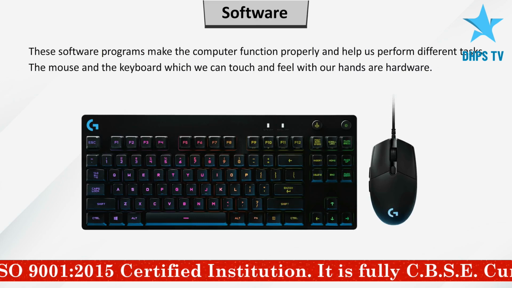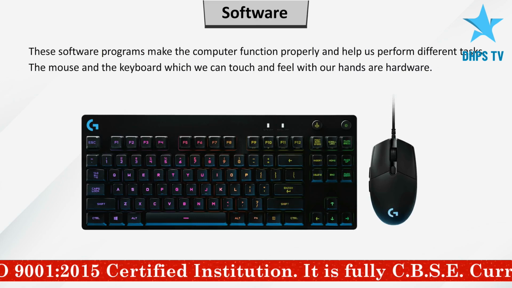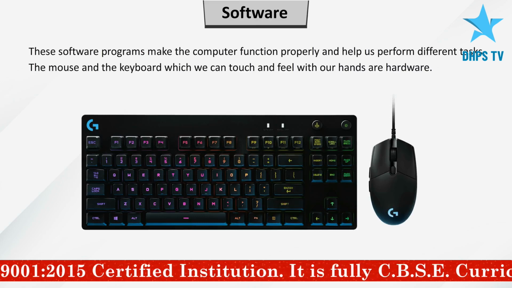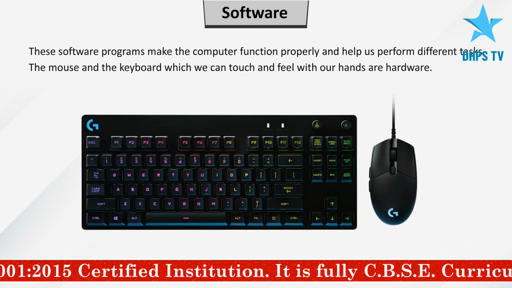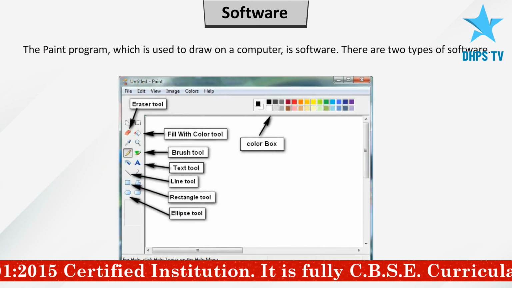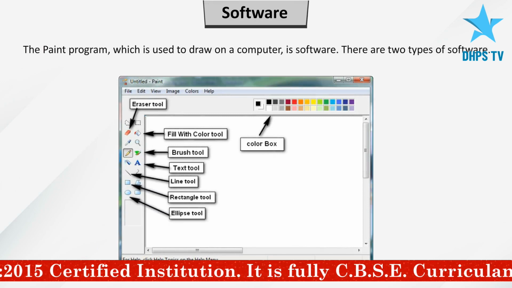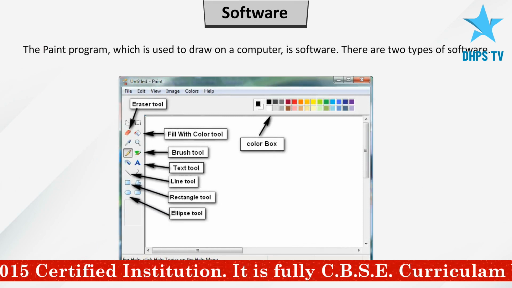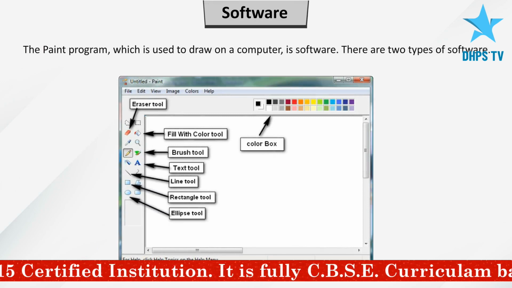The mouse and the keyboard, which we can touch and feel with our hands, are hardware. The paint program, which is used to draw on a computer, is software.